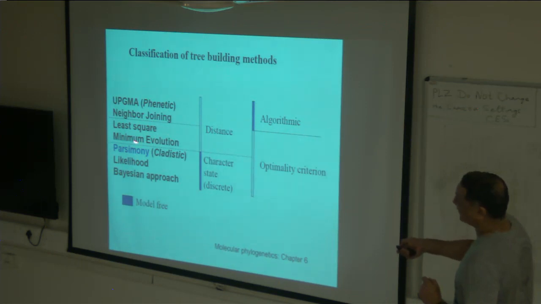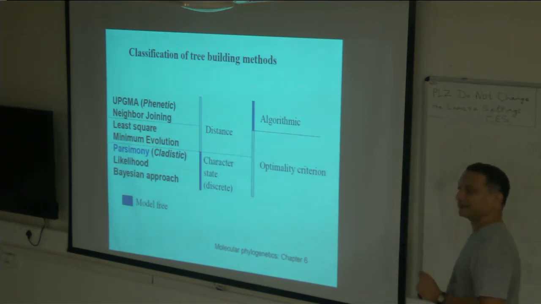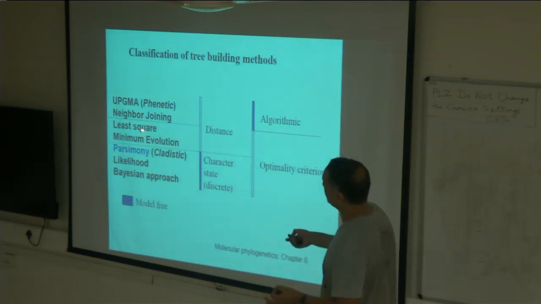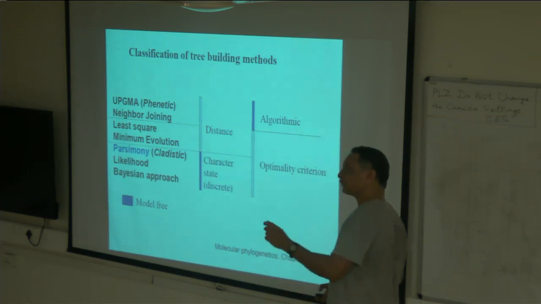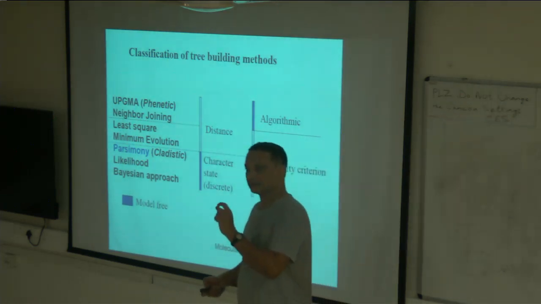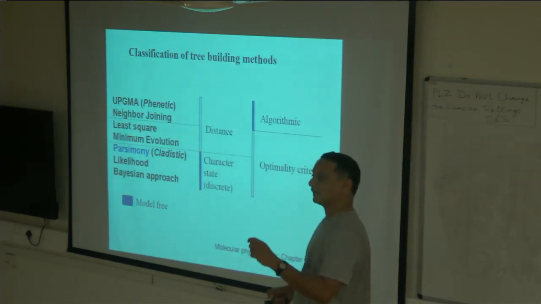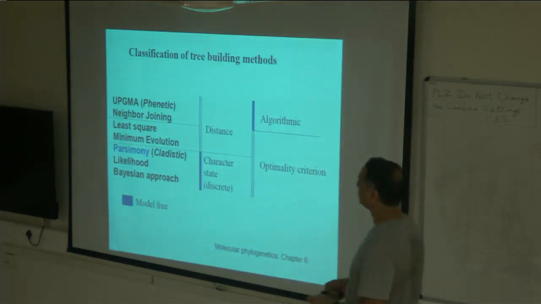So remember, least square and minimum evolution actually fall in the optimality criteria based tree building methods. Here you're trying to find the tree with the least difference between observed and tree distance. Here you're trying to find a tree with the least sum of branch lengths, right?